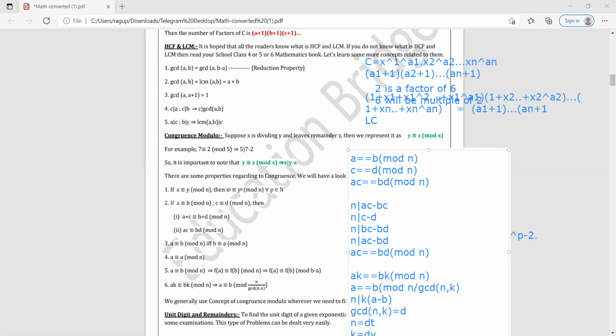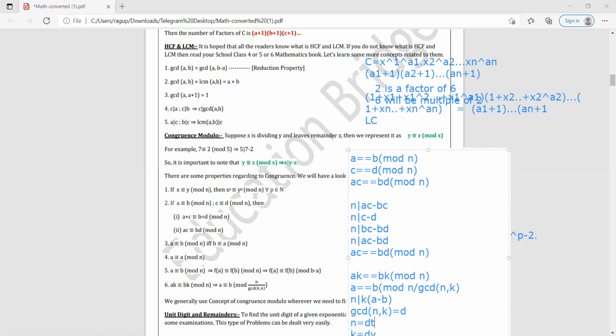So dt divides dy into (A minus B), and thus t divides y into (A minus B). If you notice that GCD of n and K is d, so n by d is t, and thus t is n by GCD of n and K.